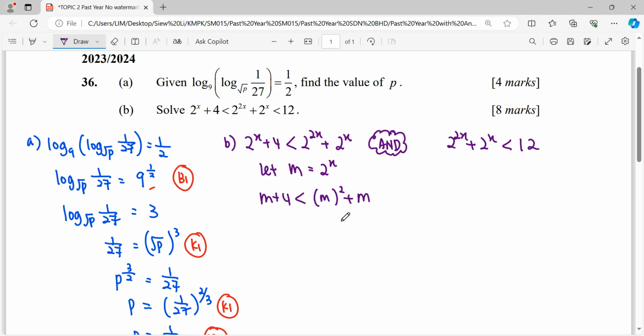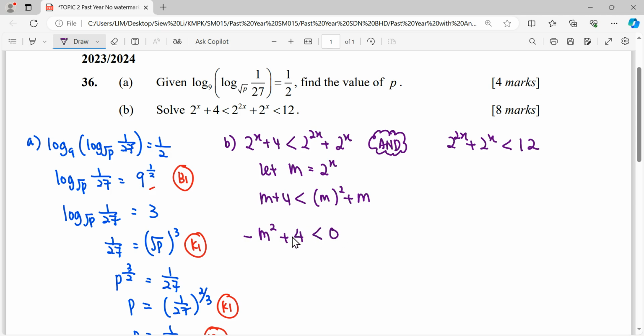You can notice here that actually you are getting a quadratic inequality. So 2 to the power of x squared will become m to the power of 2. Therefore, we will use our quadratic inequality method to solve this part. Rearrange our quadratic, m squared, when you move the negative, it becomes minus.